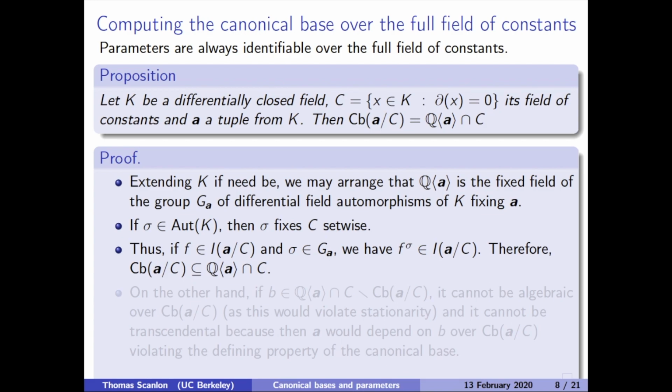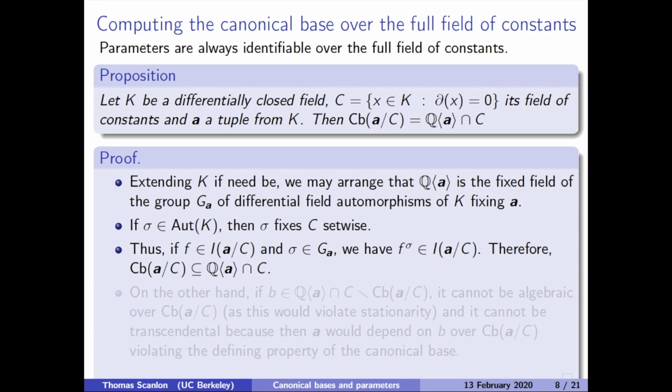If you take some differential polynomial which vanishes on A and has coefficients from C, you hit it with an automorphism, those coefficients are going to move. Okay? But f^σ of A^σ is the same as f^σ of A. So it's 0. So f^σ applied to A is still 0.